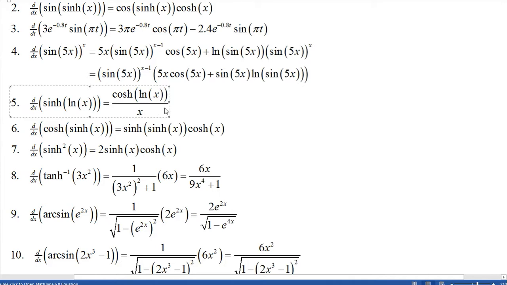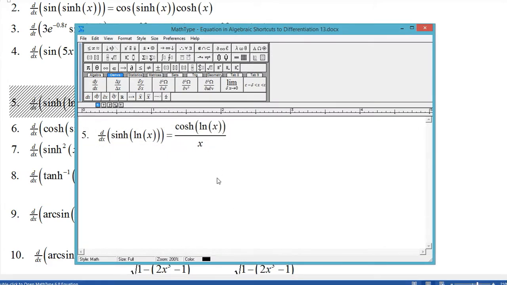Actually, let me also point out that the original function could have been simplified, and this one can as well. Let me show you a different way to write that. Cosh of log of x is e to the power log of x, plus e to the power minus log x, over 2.